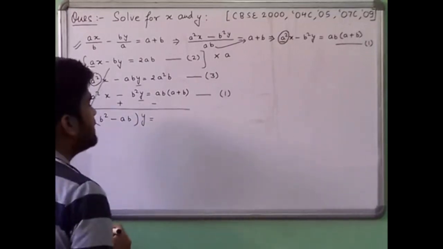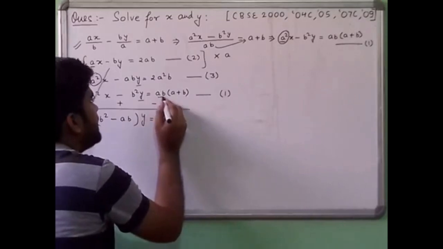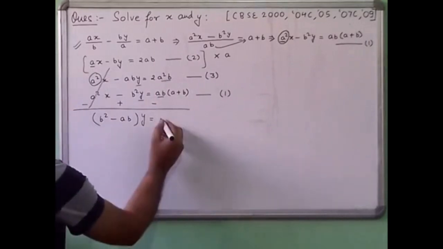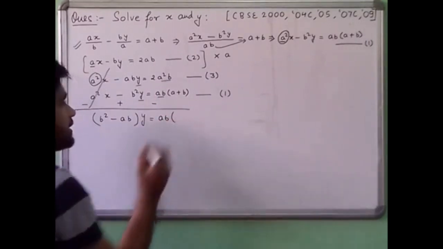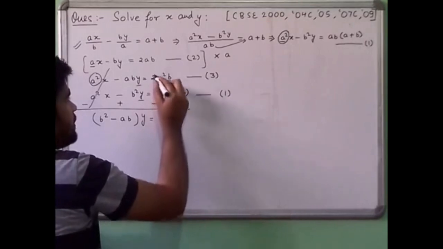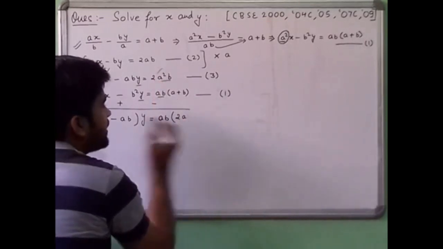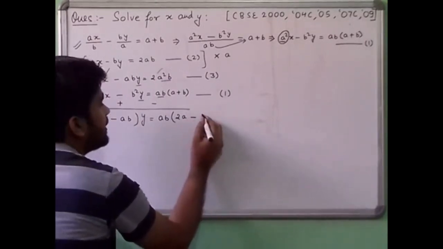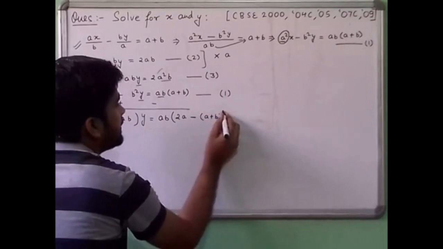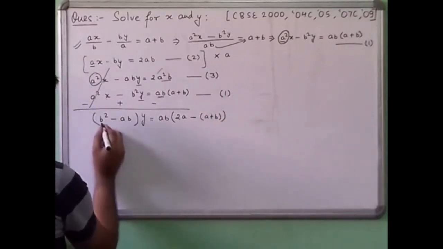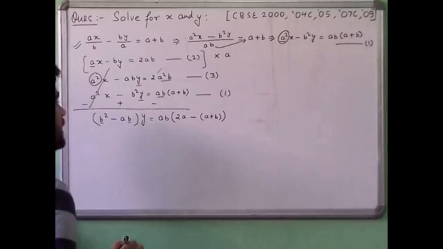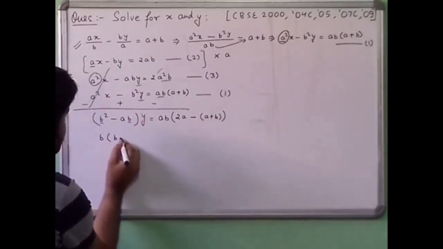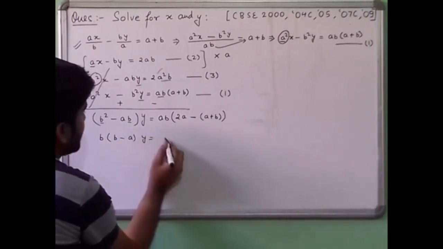Equal. Next we take ab as common, so write ab outside the bracket, and 2a is remaining, then write minus sign and a plus b. Here you take common b, it's b minus a into y.